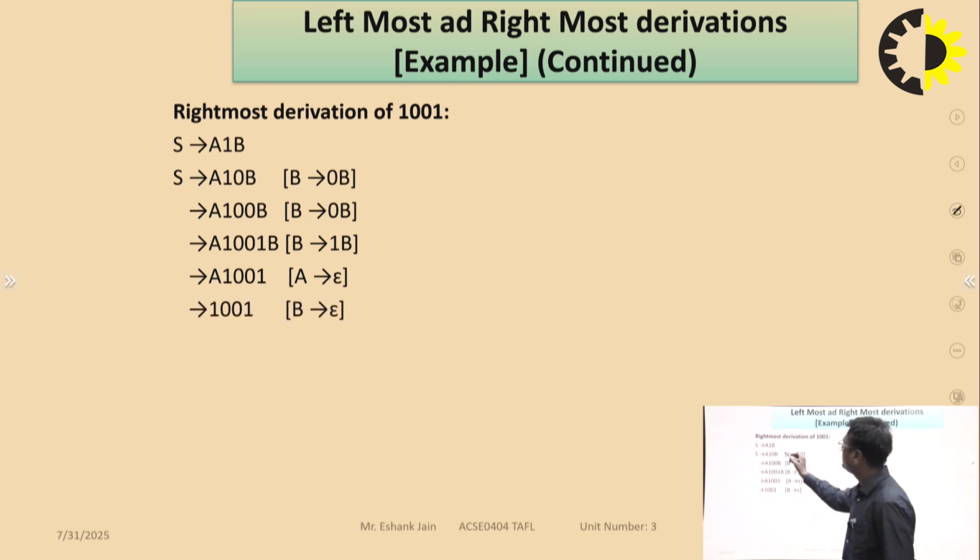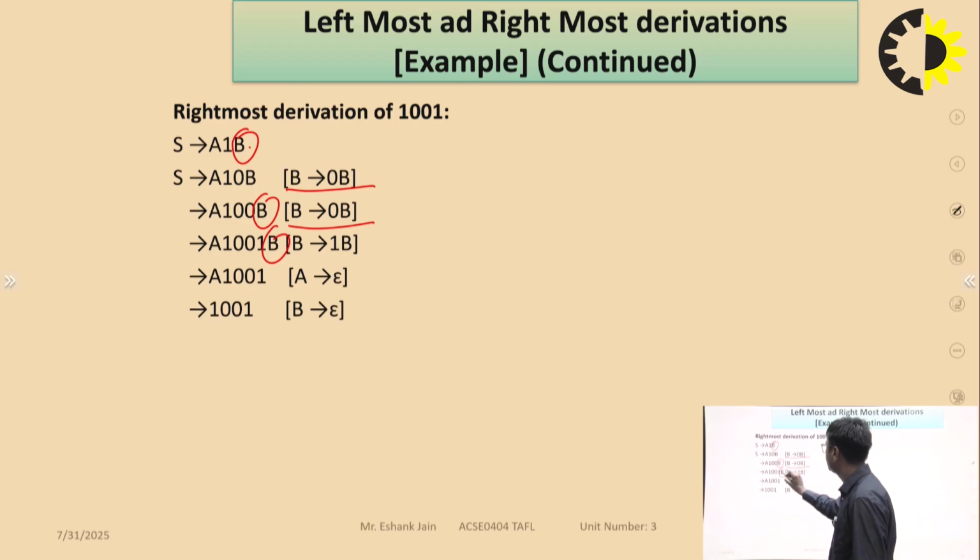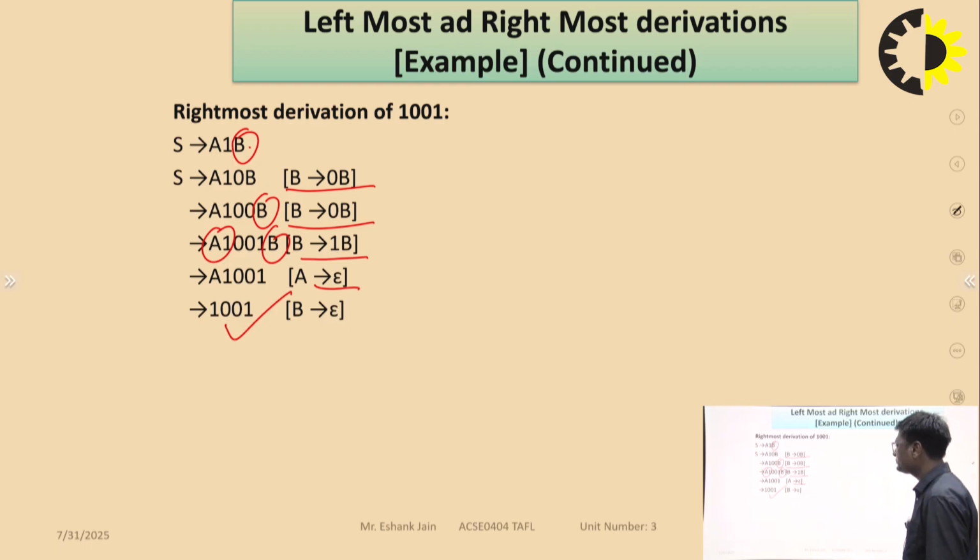We change B because we go from the rightmost. So B is converted into 0B, then this B converted into 0B, then B is converted into 1B, and this A is converted into epsilon, and the productions are used to generate this string.